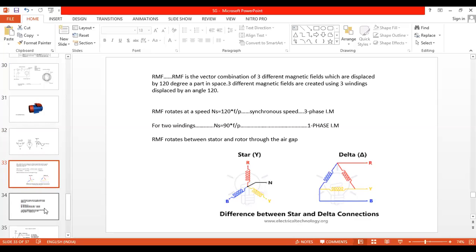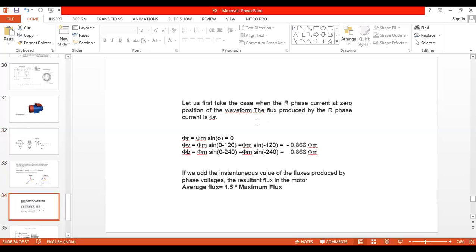Next, for three magnetic fields displaced by 120 degrees, you must write one extra line: phi r is equal to phi m sin omega t, phi y is equal to phi m sin(omega t minus 120), phi b is equal to phi m sin(omega t minus 240). In order to bring out the relation that the average flux is 1.5 times the maximum flux, let us put omega t equal to 0.